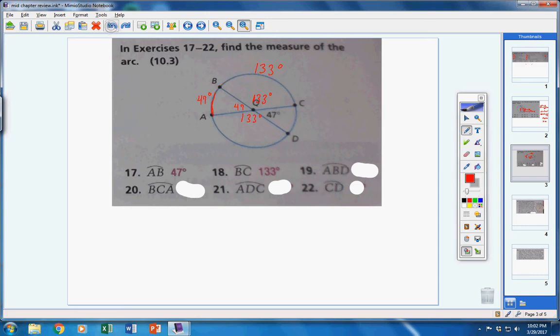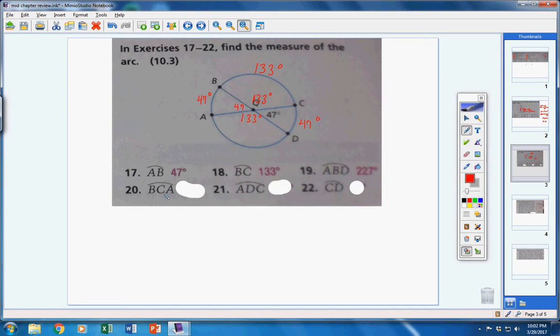It's really not that difficult at all. So I'm going to take 47 plus 47 plus 133. Did that quickly, see if that's right. Yep, 227. So if you add up all three arcs, you get 227. So the measure of arc ABD is 227 degrees.